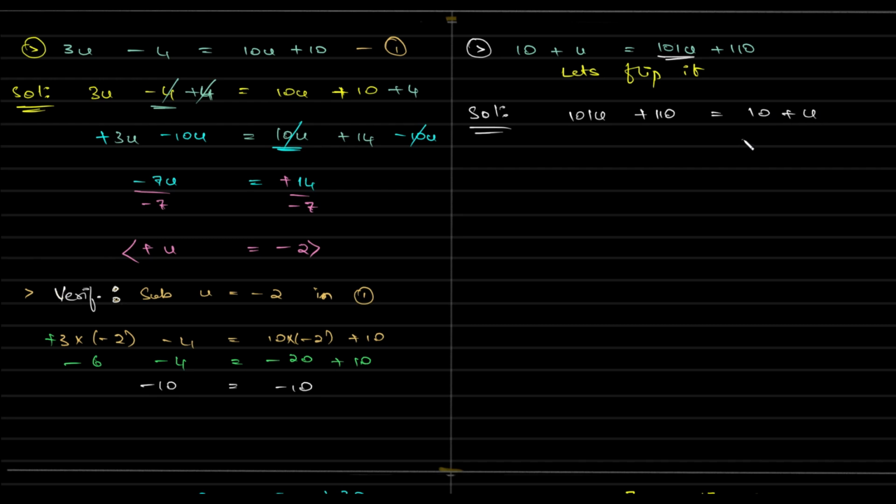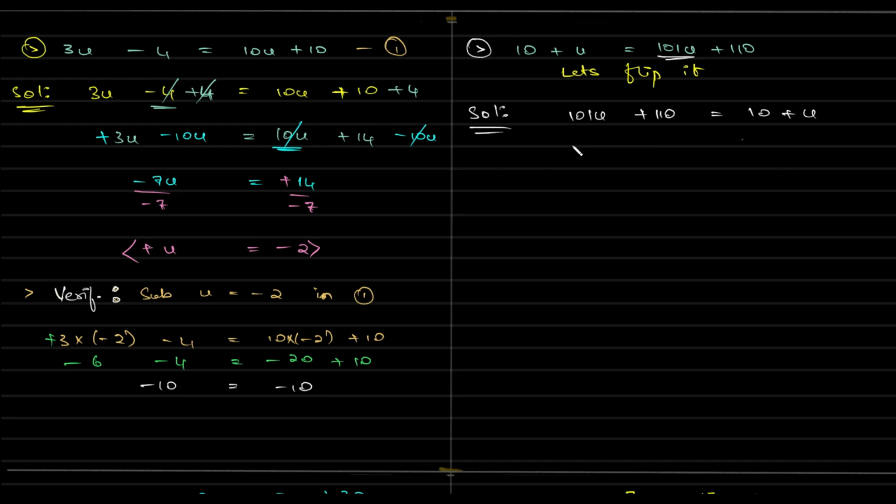So flipping, you know how to flip, right? You just have to copy everything on the right hand side to the left hand side and everything on the left hand side to the right hand side. That's all. Okay, quite simple. So by doing this, you're going to take care of negative values somewhere along the line, not the final answer, negative values. It will make things a lot simpler.